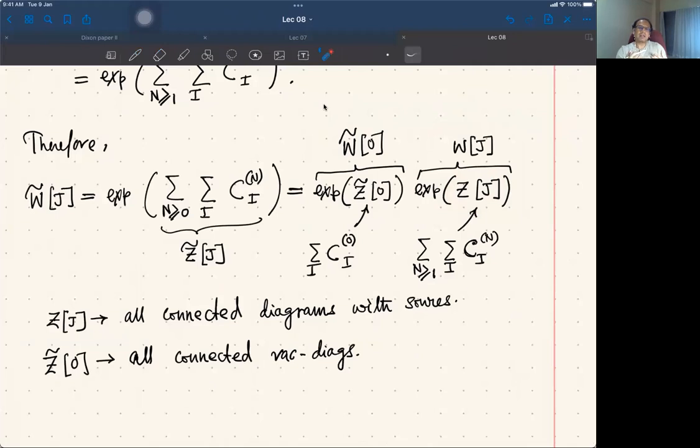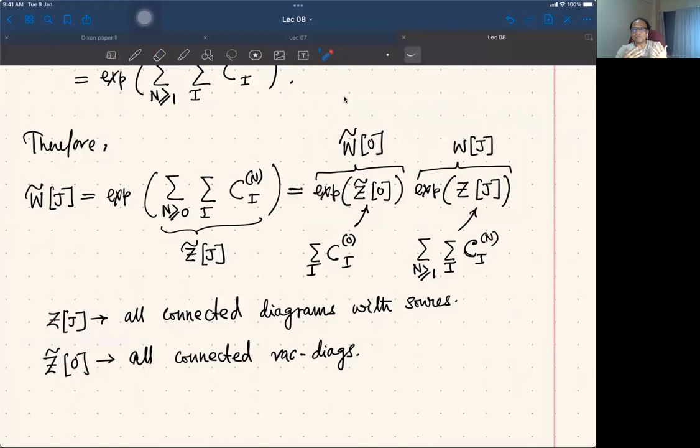Because of taking the wrong vacuum wave functional downstairs, we are developing certain vacuum diagrams, because these vacuum diagrams are a ratio between the interacting theory vacuum wave functional and the free theory vacuum wave functional.